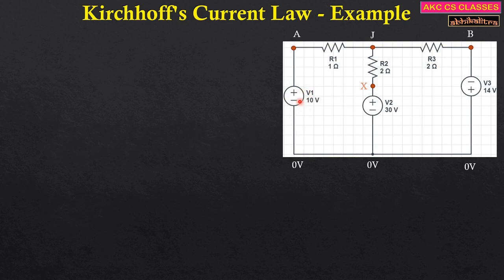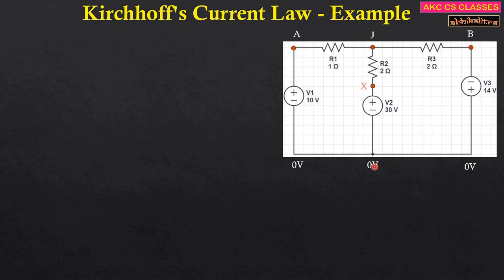So when we are moving from a negative plate to a positive plate, there will be a rise in the potential. So how much is the rise? The rise will be 10 volts. So obviously the potential at point A is equal to 10 volts.